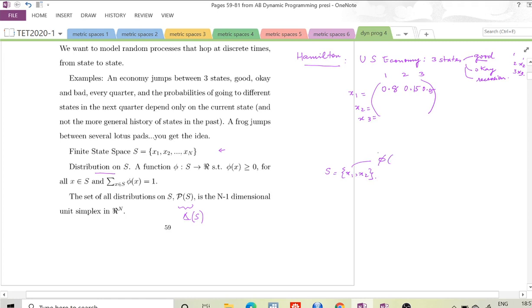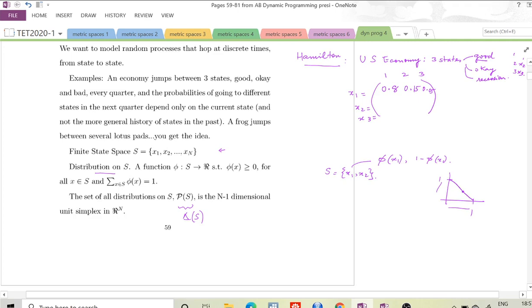So take any probability distribution phi. You can describe it with 2 numbers, phi of x1 and 1 minus phi of x1, essentially 1 number. So if this distance is a 1 and that distance is a 1, then the probability distribution phi can be said to be some point on this line.